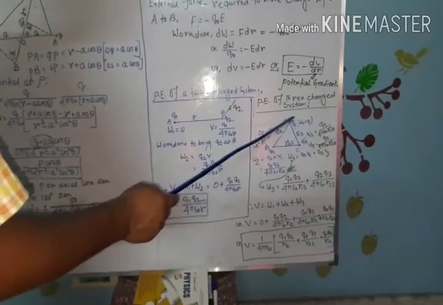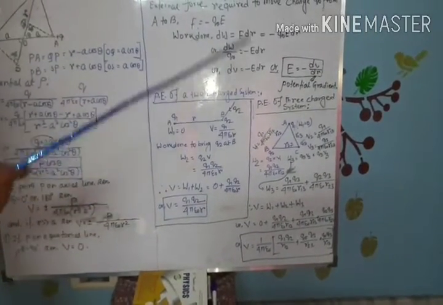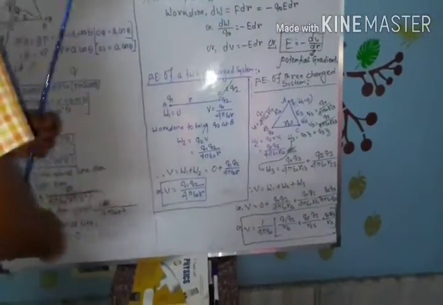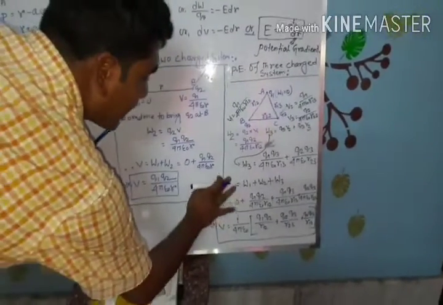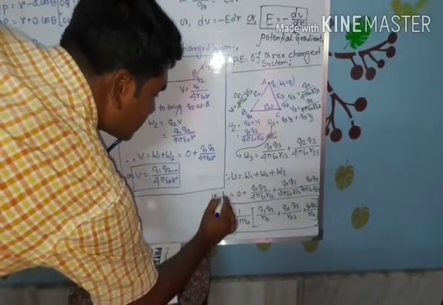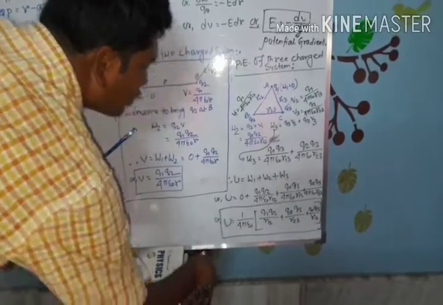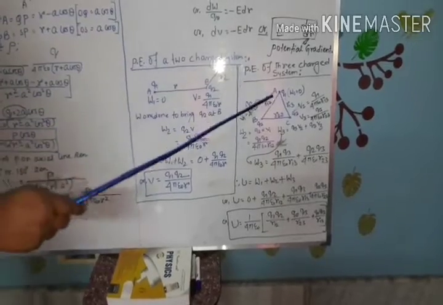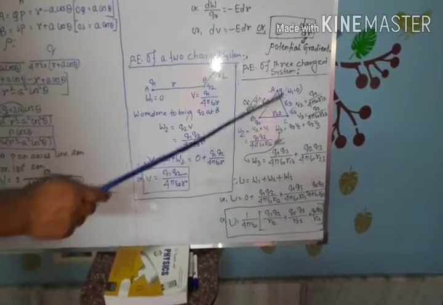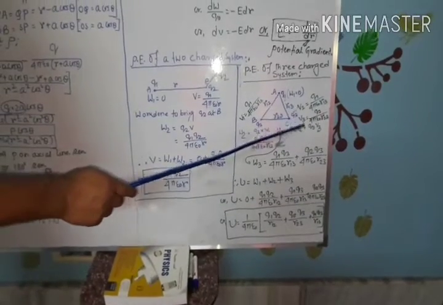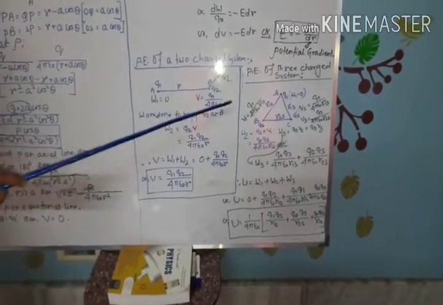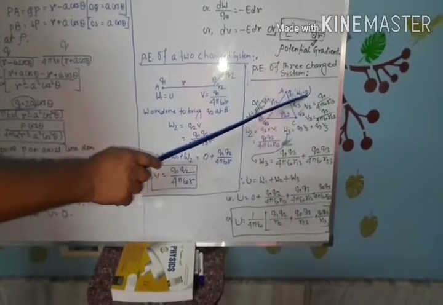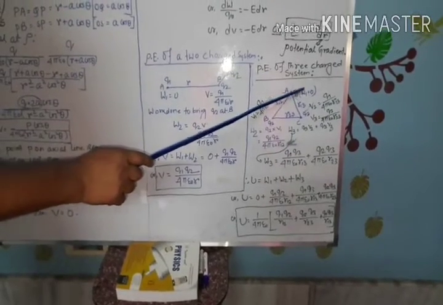Next, the potential energy of a three-charge system. What is the concept to determine the potential energy? Here also we have to determine the total work done to place the three charges at particular places. In a similar way, whenever we bring the first charge Q1, the work done is 0, because there is no electric potential.